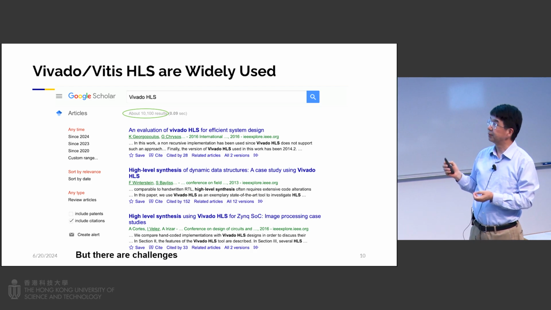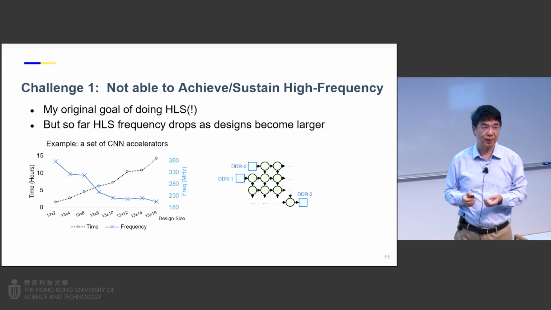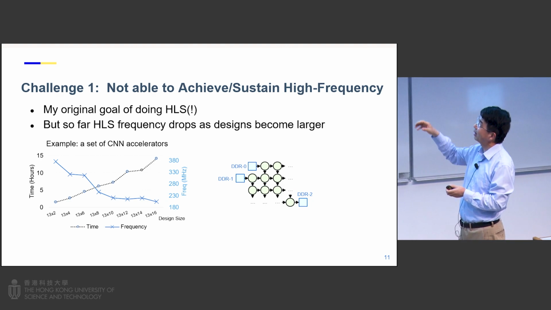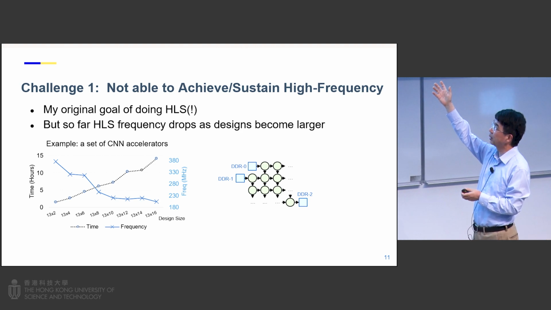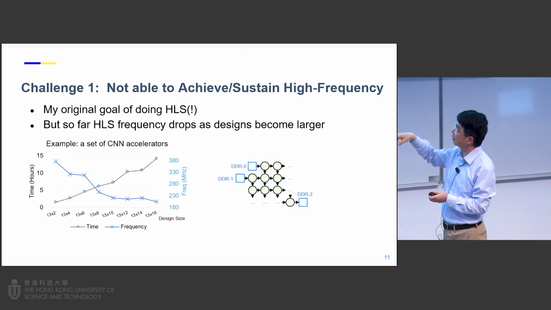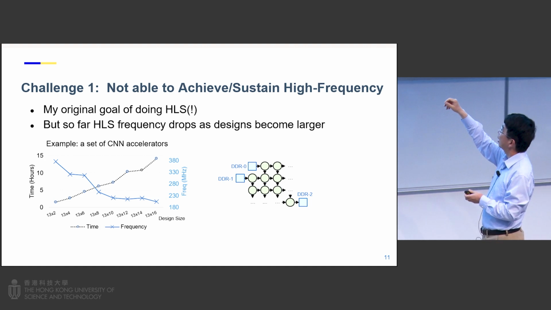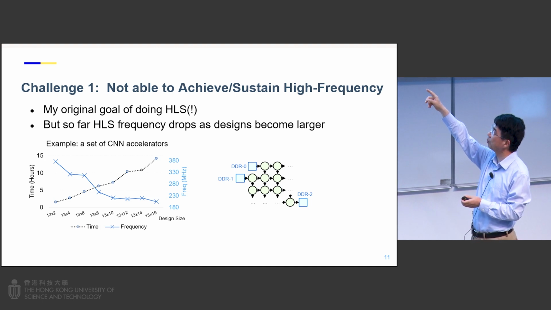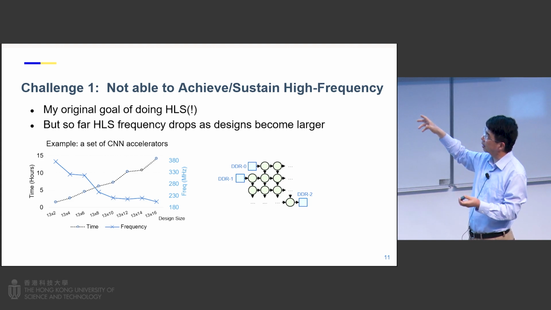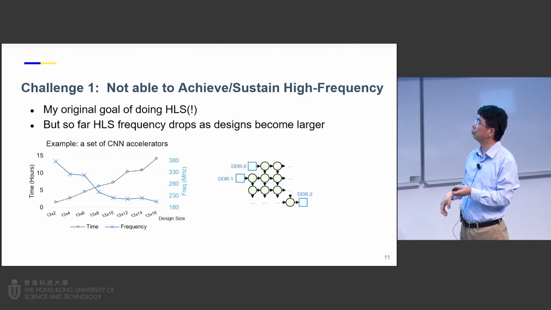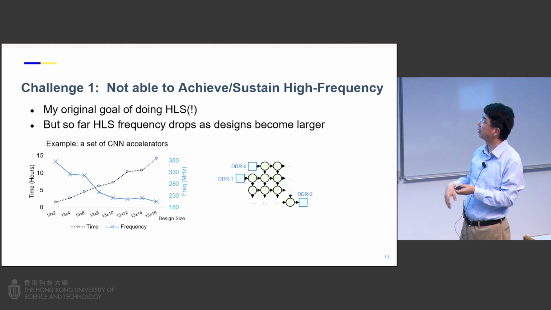But there are challenges that, for some of you who are doing design, you will find out. There are two challenges. One is that, for example, we're using systolic array design for CNN acceleration. It works well initially. However, as you scale, our frequency starts at 250 megahertz, but when you increase the array to 13 by 4, 13 by 6, 13 by 16, it drops almost by a factor of 2, down to 170.